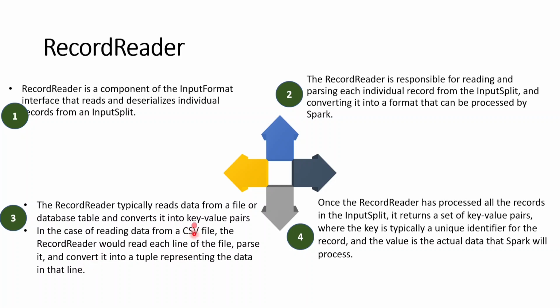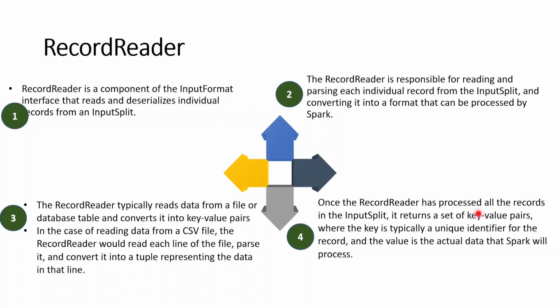Basically, any data file that we read will be converted into key value pairs. It will maintain one key, and the value will be one record from the file. It could be CSV, Parquet, whatever it is. It will convert that physical file located in the external storage into key value pairs, and export the data from external storage to the Spark environment in the form of key value pairs.